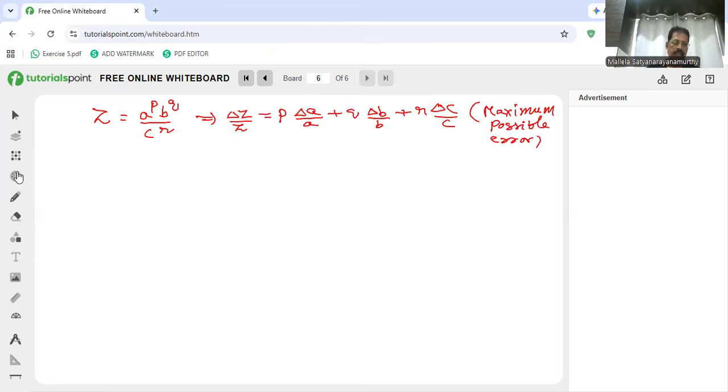So in a recent exam, they gave this problem.